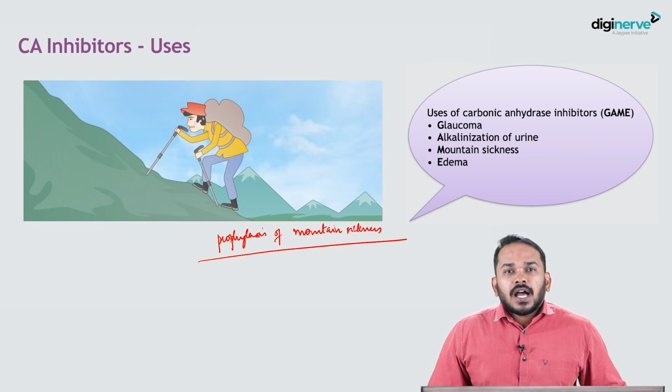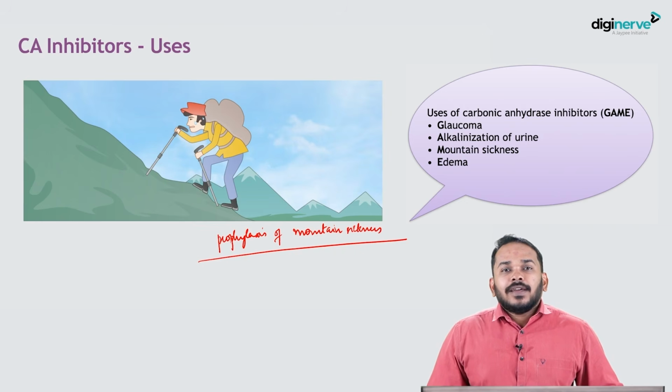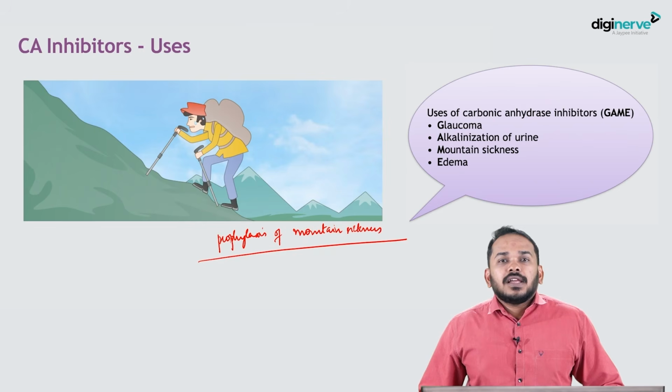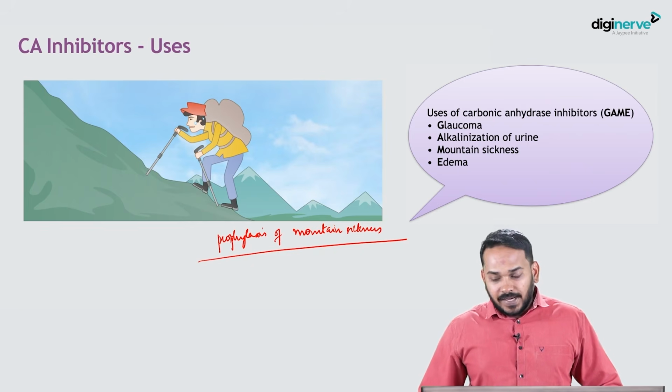So when you are giving carbonic anhydrase inhibitors, it will result in excretion of bicarbonate ions. That will result in development of acidosis. Acidosis will stimulate the respiratory center, and this will result in the person hyperventilating, thereby reducing cerebral edema and also pulmonary edema. Now we will see what are the adverse effects of carbonic anhydrase inhibitors.